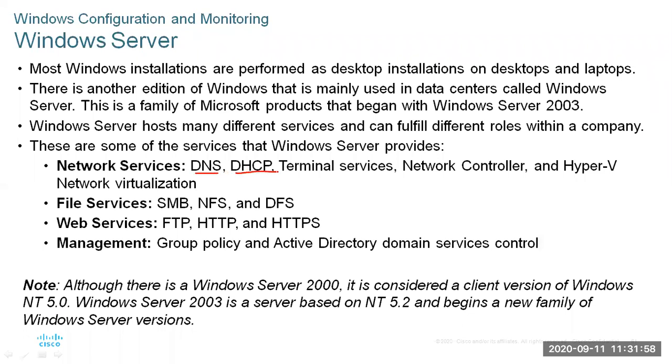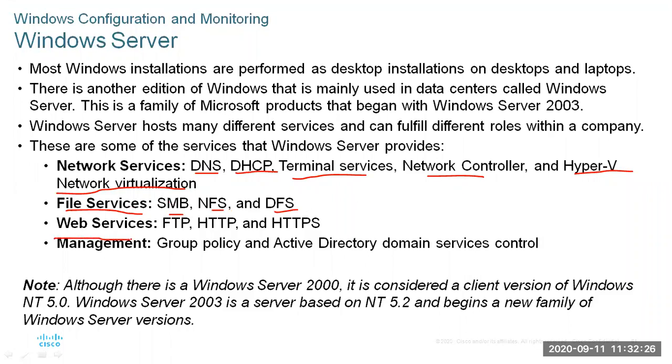You can configure it to do DHCP. You can configure it to do terminal services. You can set it to do network controller. You can set it to do hypervisor or network virtualization. These are like network services that can be enabled on that machine. And then file services, SMB, NFS, DFS, stuff like that.